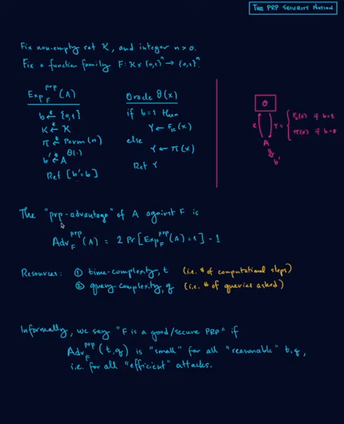So to define the PRP advantage of A against this function family F, we take the probability that the adversary causes the experiment to output 1, which means the adversary guesses the challenge bit correctly. We multiply that probability by 2 and subtract 1, so that the advantage will always fall between 0 for the worst adversaries and 1 for the best possible adversary.